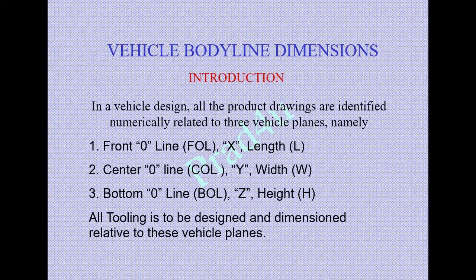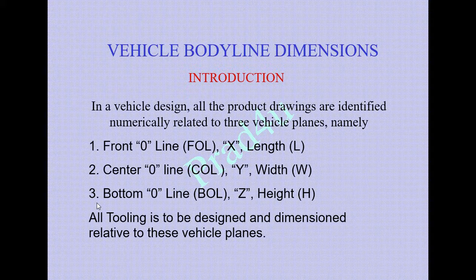So we start with the introduction to vehicle body line dimensions. In vehicle design, all the product drawings are identified numerically related to three vehicle planes. Number 1, the front O line, FOL, in the X direction, indicates length L. Number 2, the center O line, COL, in the Y direction, indicates the width of a vehicle.